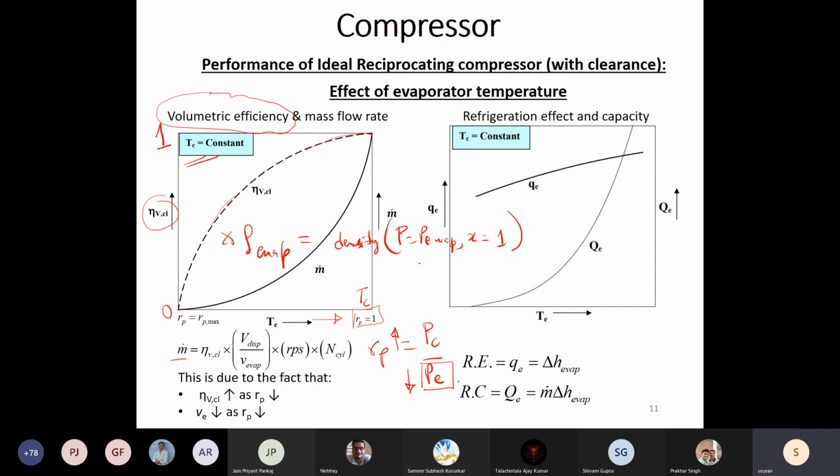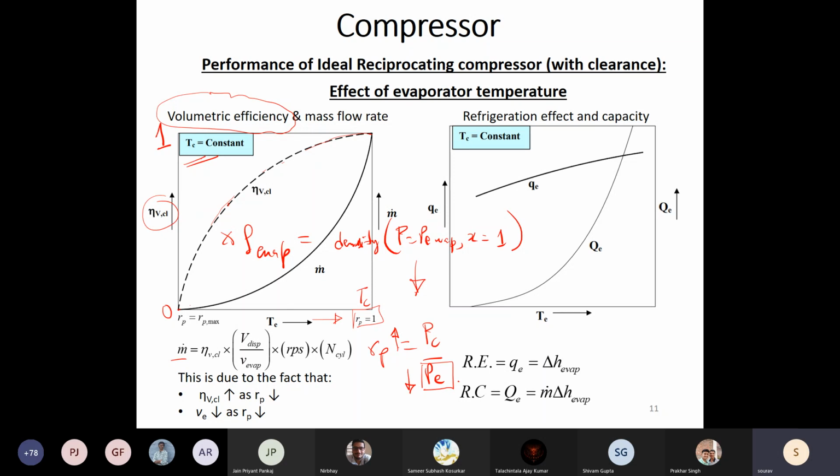Okay, so if I reduce the P evaporator, what will happen to the density? Any idea? If I reduce the evaporator pressure, what will happen to the density of the refrigerant at the exit of the evaporator? Will the density reduce or increase? Let's say my evaporator is operating at 5 bar and I reduce the evaporator pressure to 3 bar, then 2 bar, then 1 bar.